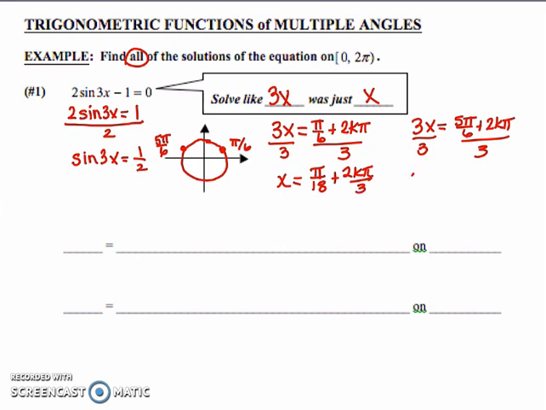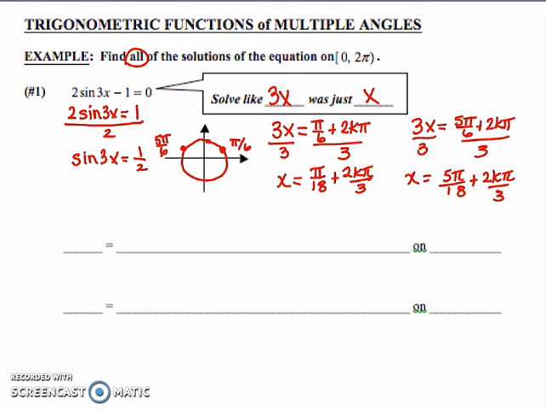And our second solution is x equals 5 pi over 18 plus 2k pi over 3. So these would be all of the solutions.